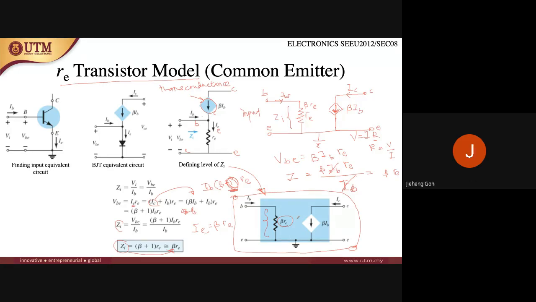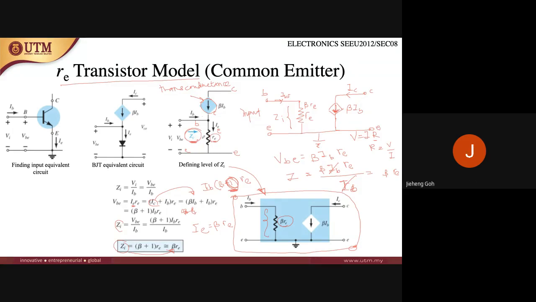Sensei, the impedance is due to the transistor one, right? The input impedance at the input. Wait, impedance ZI or RE? Because RE is a resistor, ZI is impedance.